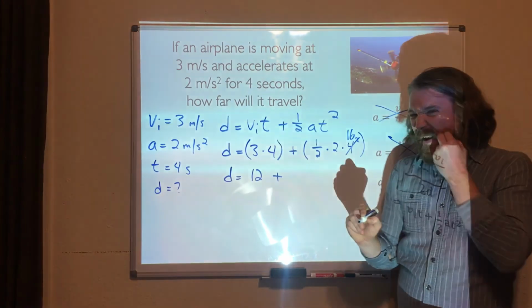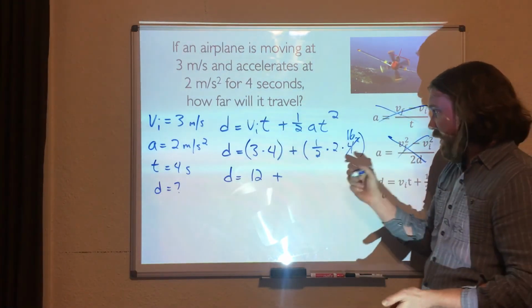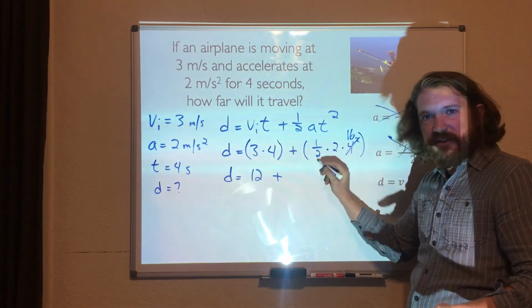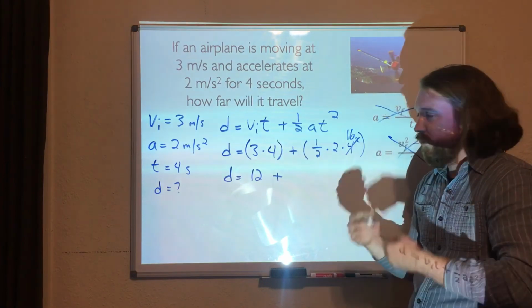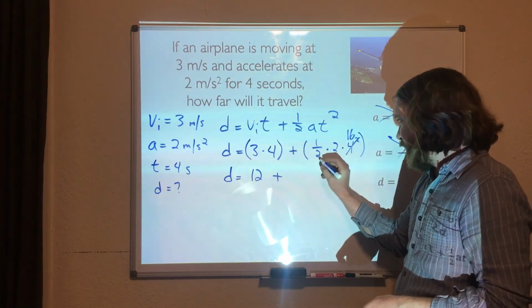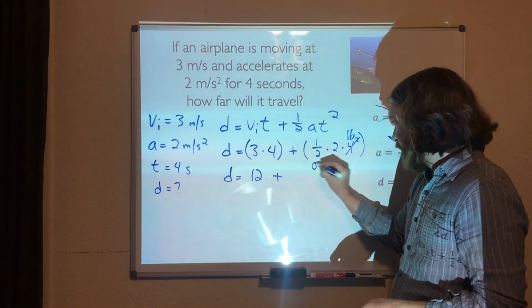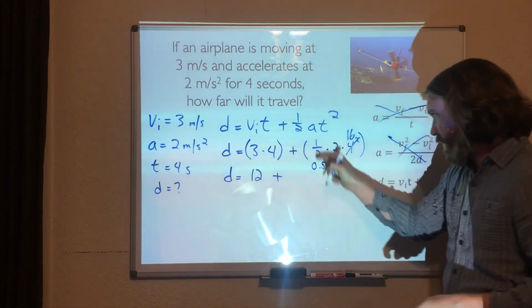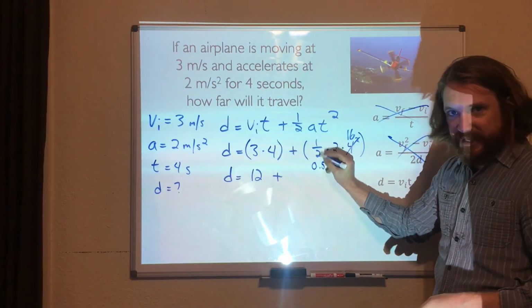Okay. Now, all you got to do is in your calculator, you got to enter this. Mr. Norris, how do I enter in 1/2? If you don't know this, the easiest way to enter this in your calculator is to put in 0.5. They are the same thing. They equal each other.